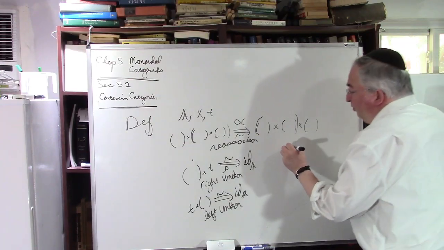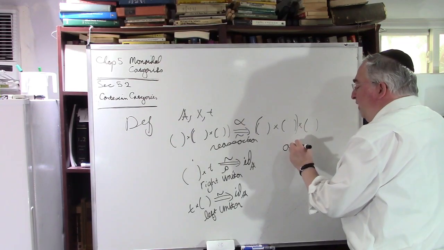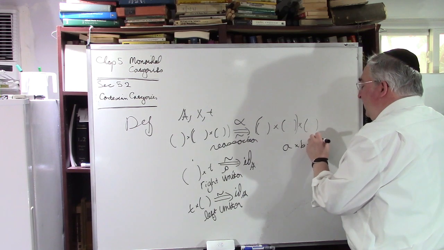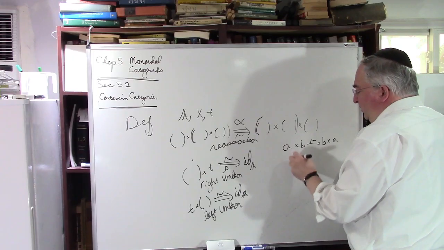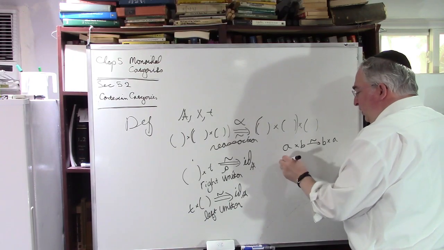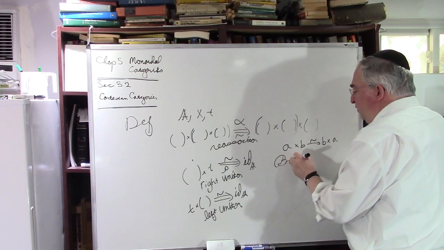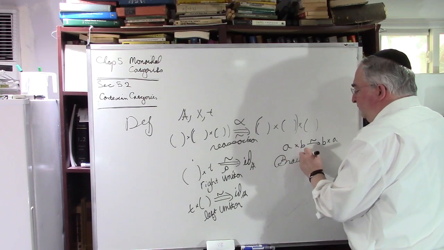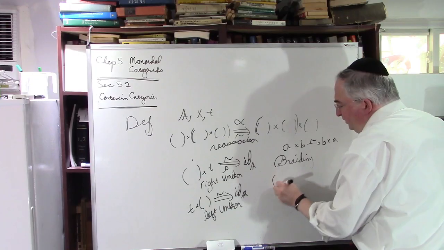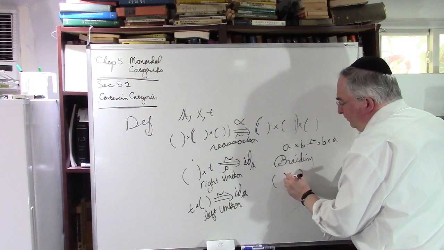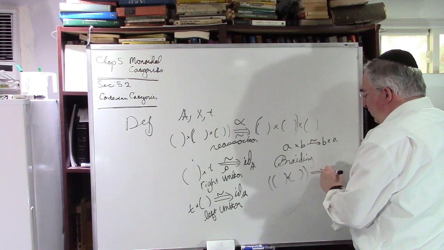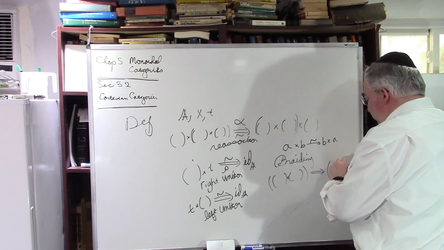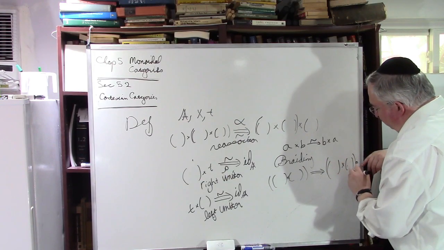In chapter 3, we saw that when you have a product, you have A tensor B is isomorphic to B tensor A. And so we have this, and I show you what it is called in the book, but we call it a braiding. The way to think of it is, it's a map from the tensor product to, again, the tensor product, but composed with BR.